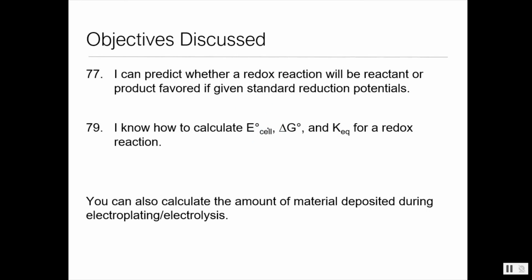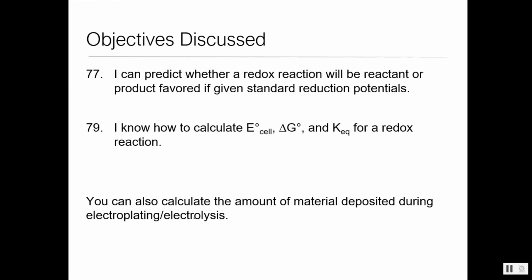Or if you knew the voltage of your cell, you would be able to say whether the reaction is product favored or reactant favored. Then we have the mathematical side of that, the quantitative side of it, where you can calculate E naught of your cell from either delta G or an equilibrium constant K. So we have that triad where we have the three equations relating all three of these variables.